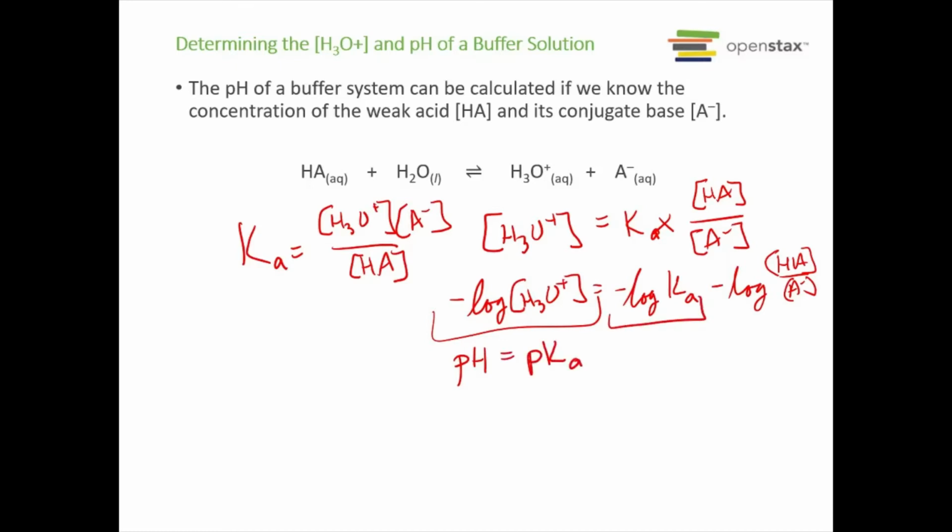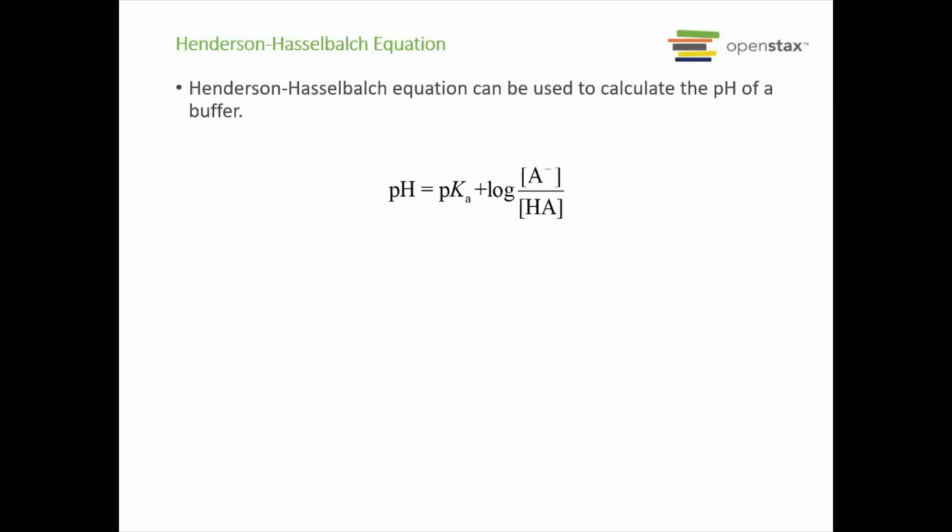So pH is equal to pKa plus the log, and if we do plus the log, then we're reversing this, so A minus over HA. We could leave it as minus the log, but there's our derived equation, and there it is written a lot nicer. This is the Henderson-Hasselbalch equation.